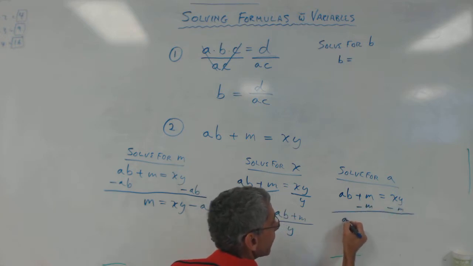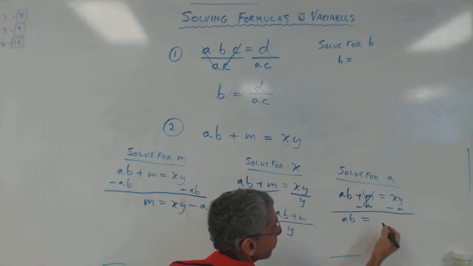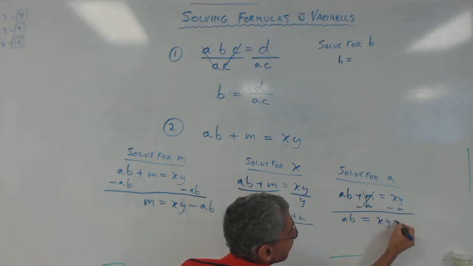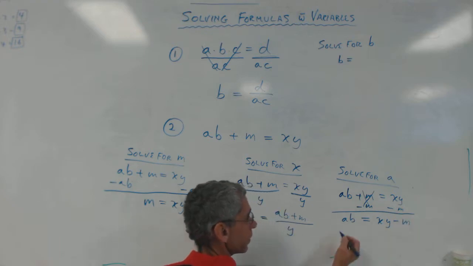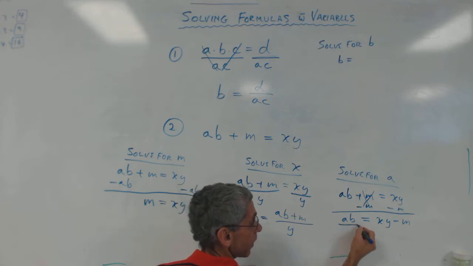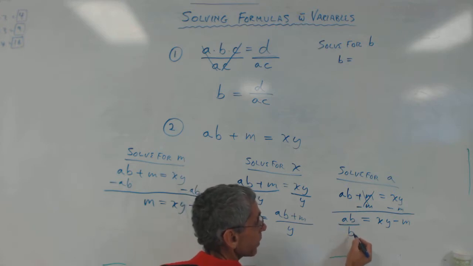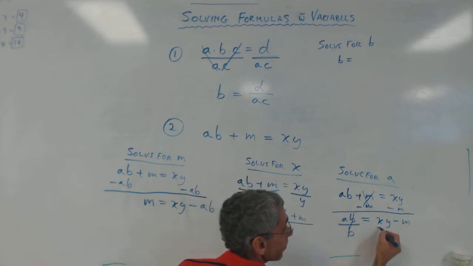So now I have ab, these cross out, equals xy minus m. Solving for a, b is multiplying times a, so I've got to undo that by dividing by b. That way the b's cross out. But I have to do the same thing to this side.